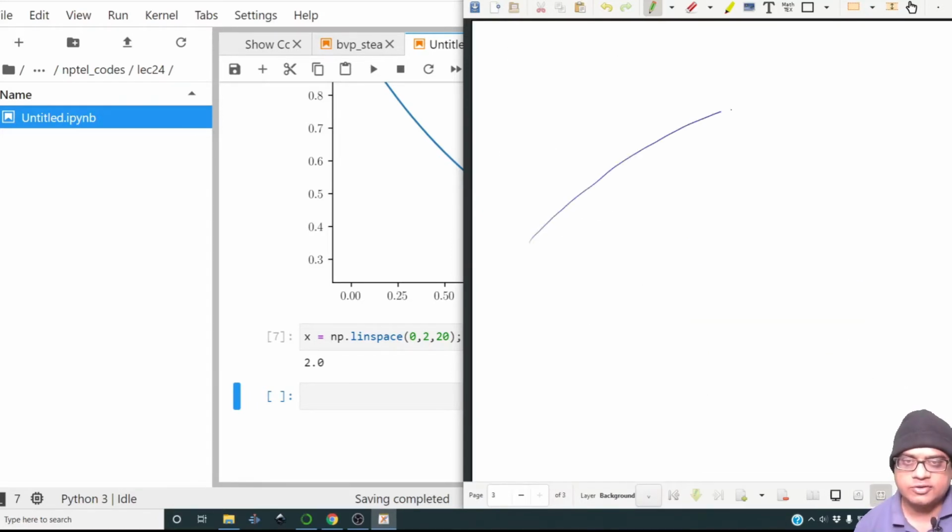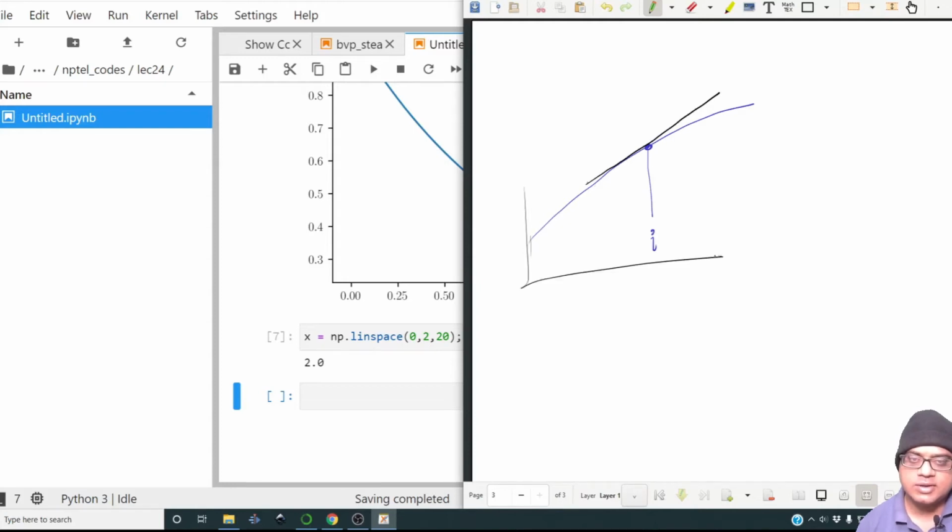that if this is a function, and this is one point I, and I want to approximate the slope at this point, I can discretize the grid over which it is defined. So this is I, this is I plus 1, this is I minus 1.